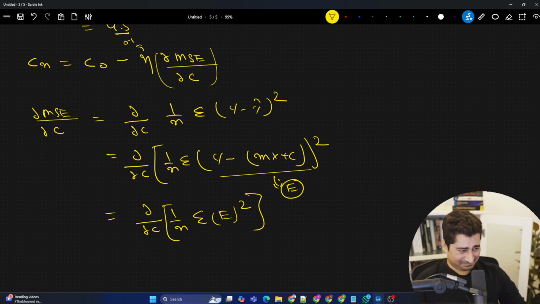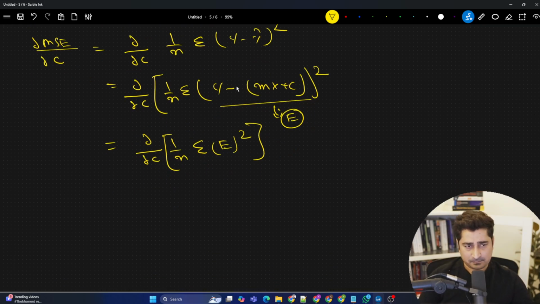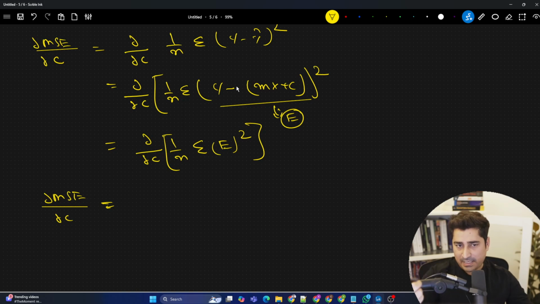Now, if I try to find the derivative of MSE with respect to c, here I'm trying to find a partial derivative. So the same rule will be applicable in terms of a partial derivative.